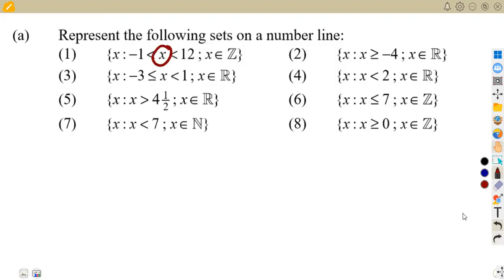Reading from this, X is greater than -1, but the same X is less than 12. So the X is bigger than -1, but the same X is supposed to be less than 12, but it does not end there. The same X that we're talking about is an element of integers, the Z, indicating integers.